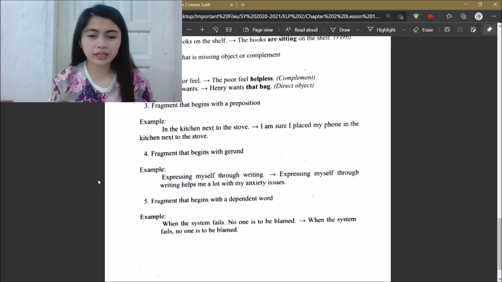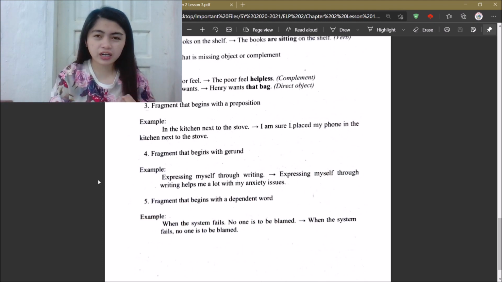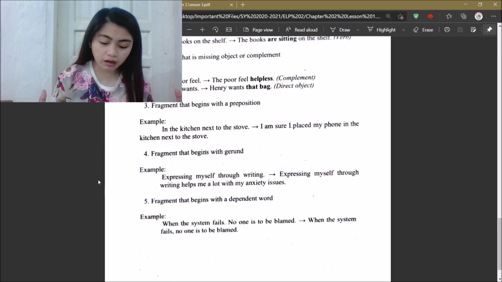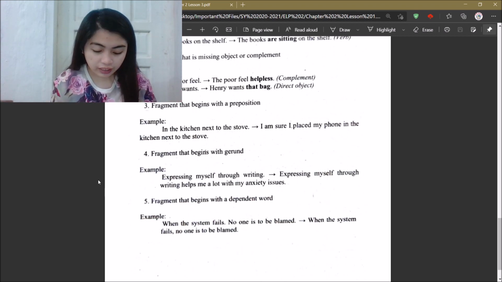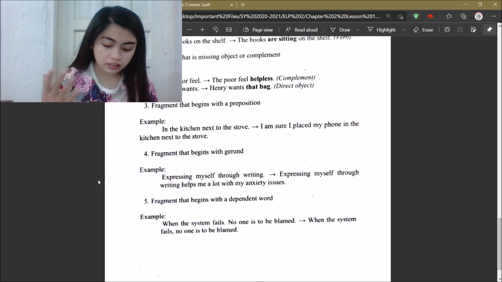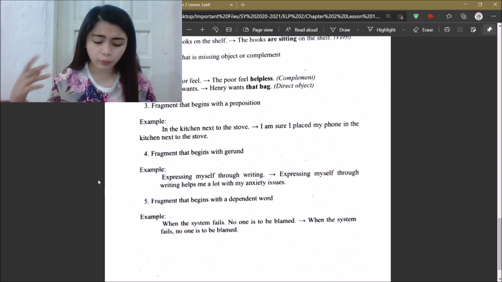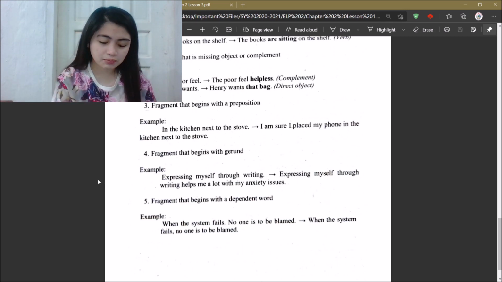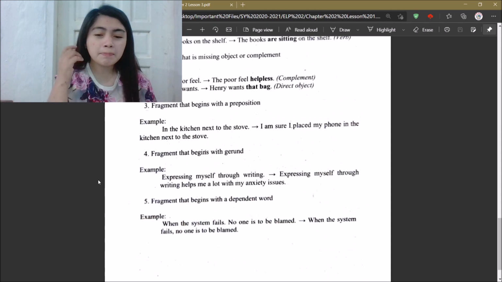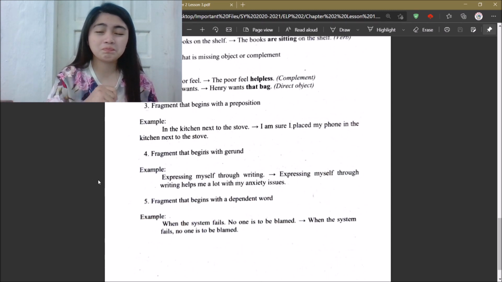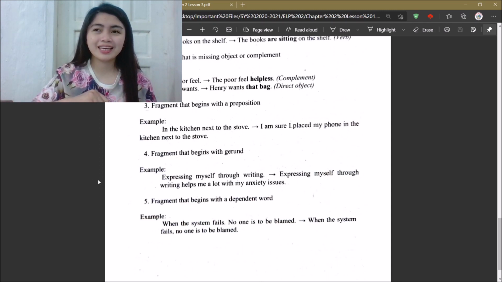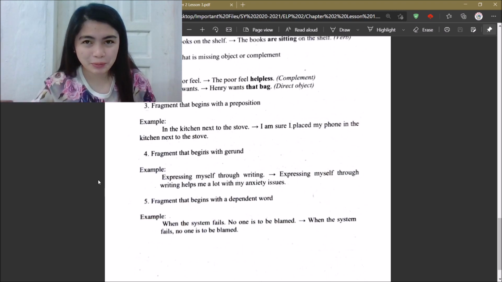So, marker is yan yung ating after, although, as if, because, before, even if, even though, if, in order to, since, though, unless, until, whatever, when, whenever, whether, while. So, pag nag-start na ang sentence mo with those marker, make sure na it has a supplement.